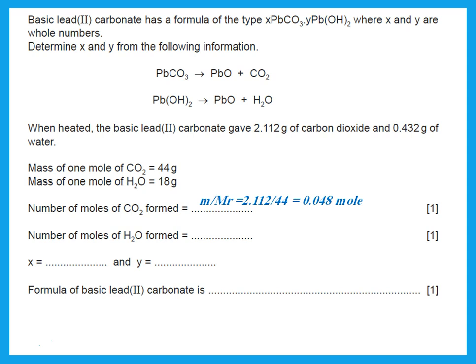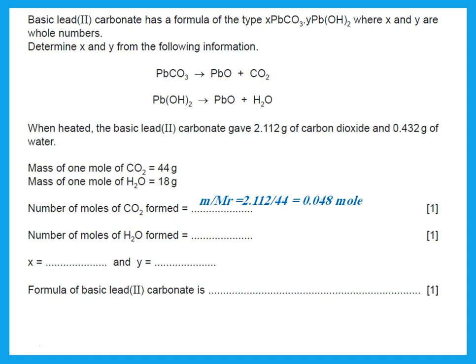Remember that the mass of 1 mole means molecular mass. Instead of sitting down to calculate carbon is 12 plus oxygen is 16 times 2, he already calculated it for me. So mass of 1 mole of something is the molecular mass. So we get number of moles of CO2.